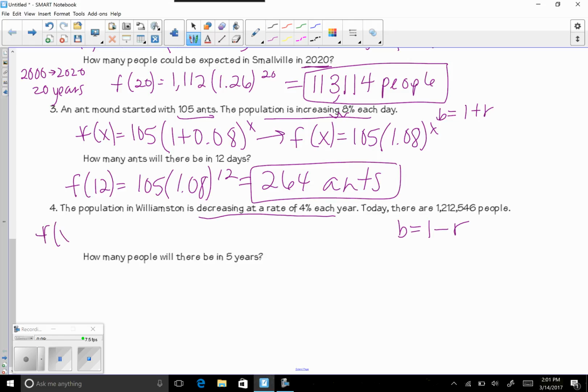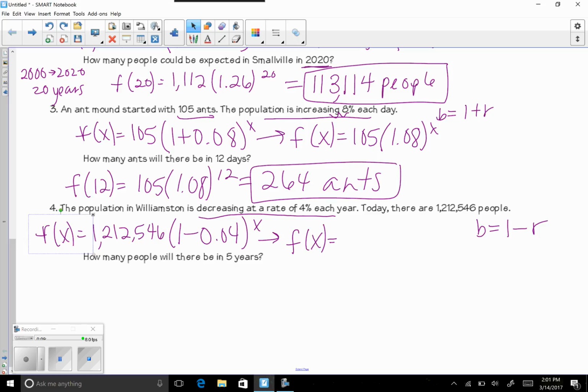So we start with 1,212,546 times 1 minus this time 0.04 to the x. And then we reduce. So f of x equals 1,212,546 times 1 minus 0.04 is 0.96 to the x.